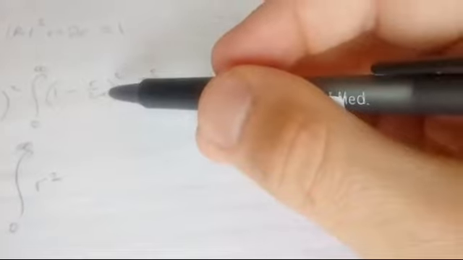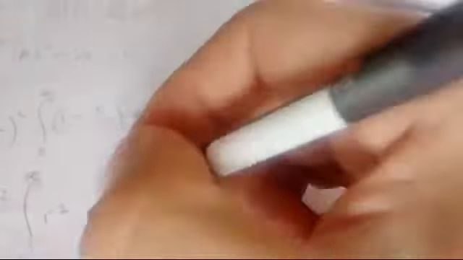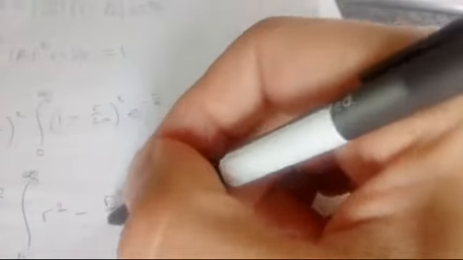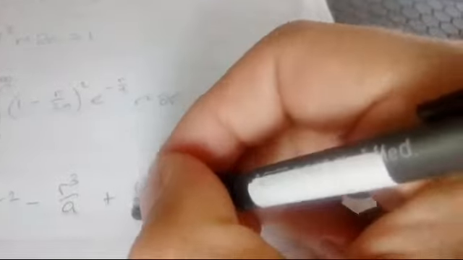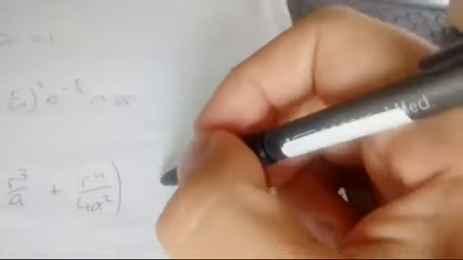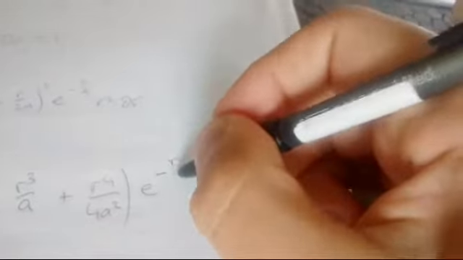So we're going to get r squared, and then minus r over a, that's going to be minus r cubed over a, plus r to the 4 over 4a squared. And all of that is multiplied by e to the minus r over a dr.